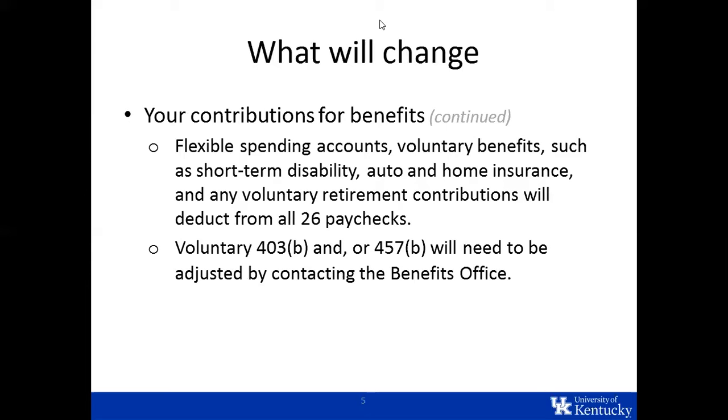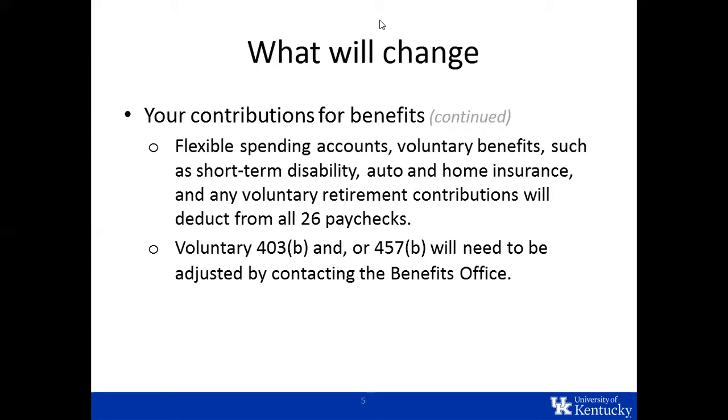So every single time you are paid, you actually get a deduction from that paycheck to go into those certain flexible spending account or retirement contribution or whatever it may be. These are automatically going to be completed for you. However, it's something that you need to be mindful of so that you understand how those contributions are going to look, because it is going to be different than how they were in the past.